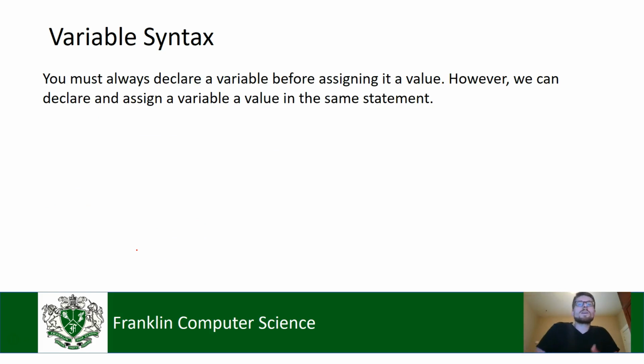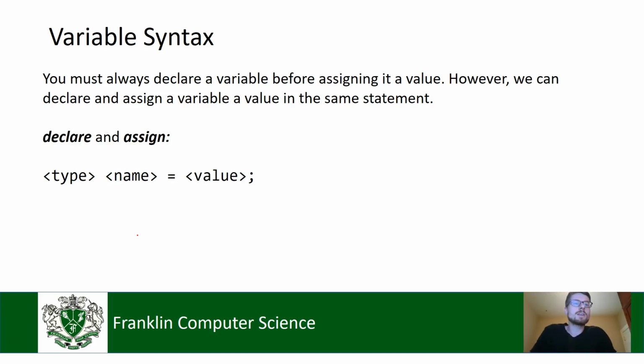Important thing to note, the variable has to be declared before you assign it. If you tried to assign a value to something that hasn't been declared yet, you're going to get a compiler error. It won't work. You can declare and assign at the same time. If you know what the value will be when you create it, then you can do this all in one line in a single statement and save yourself a little time.